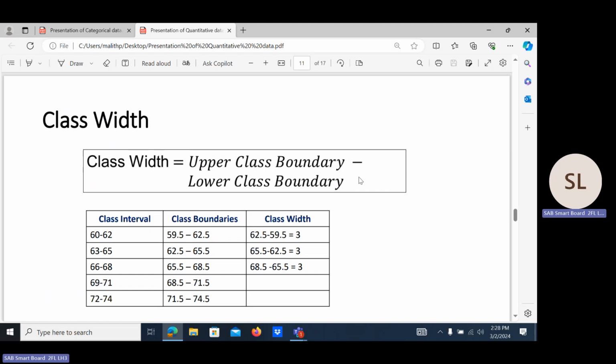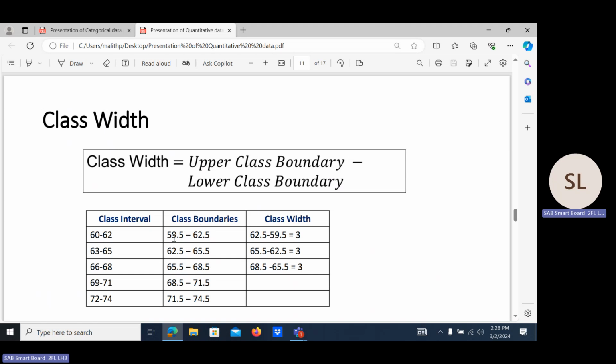It means the difference between the lower and the upper class boundaries. Now you know class boundaries. Then we take the difference between the upper class boundary and the lower class boundary, which we call the width of a class or size of the class interval. Here, 59.5 and 62.5 are the class boundaries of the first class interval.